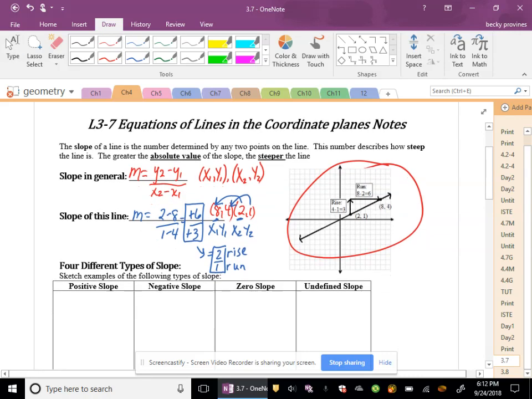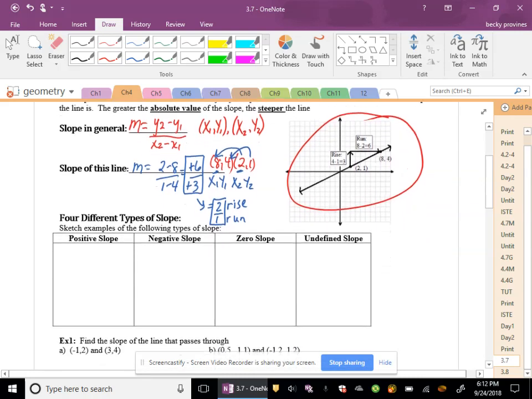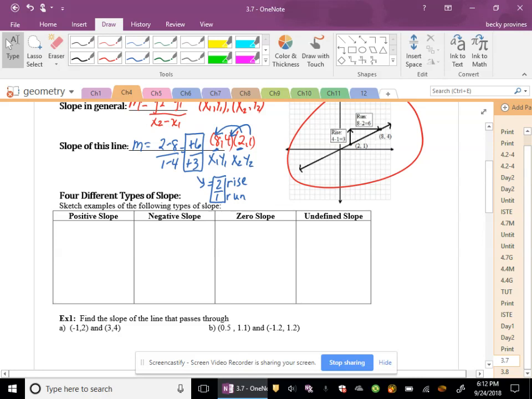So let's keep going. When you have a positive slope, it means from left to right, it goes upward. Now, if you have a negative slope from left to right, it goes downward. When you have a zero slope, just imagine if you go to a hill and there's no slope to the hill.